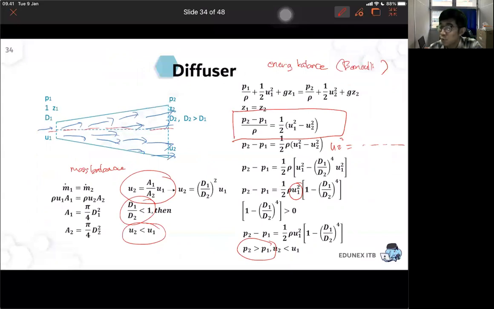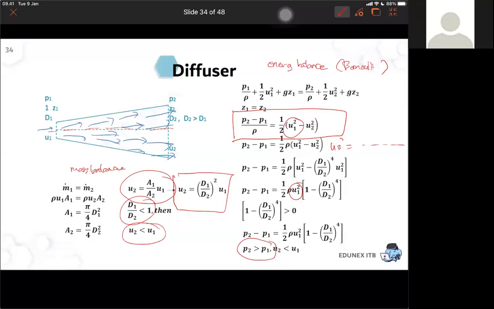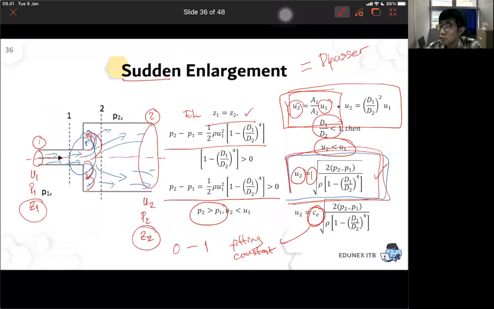So you take all the parameters besides U2 to the left or to the right, and then you change U1 as a function of U2 using this equation. Yes, I understand, sir. It's the value of U2, not U1 minus U2. So this is the value of U2. Yes, it's already replaced by using the ratio of velocity.